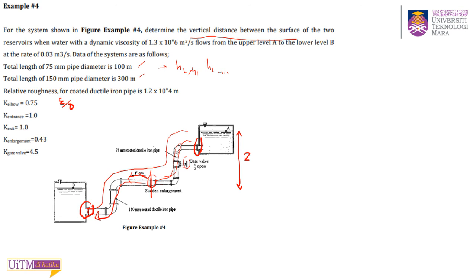Then add the major losses and minor losses, that will give you the total head losses in your energy equation. And they ask you to find the vertical distance.